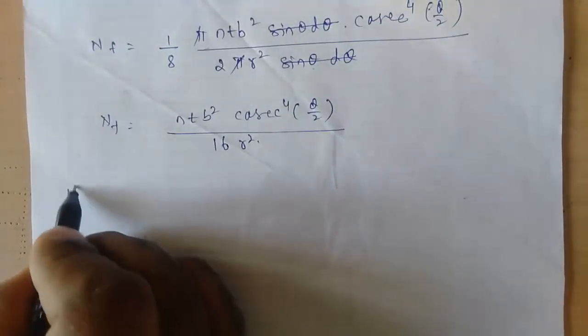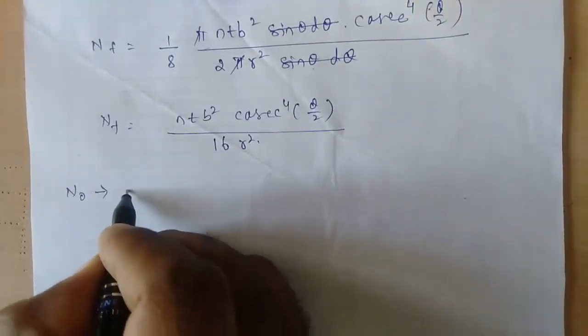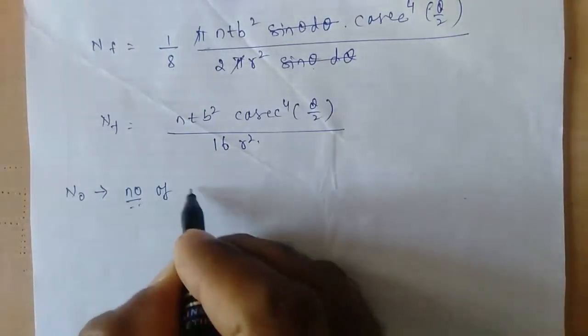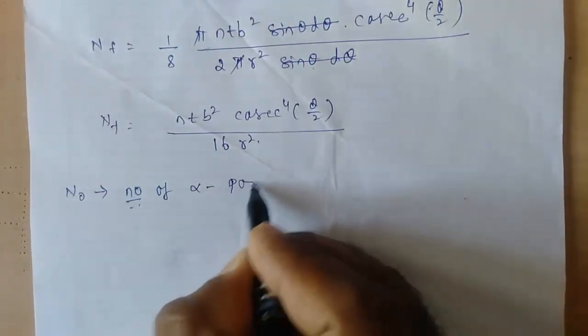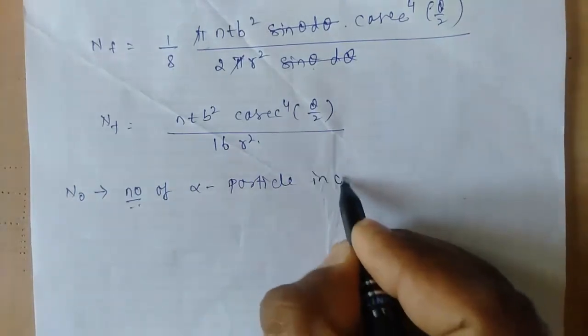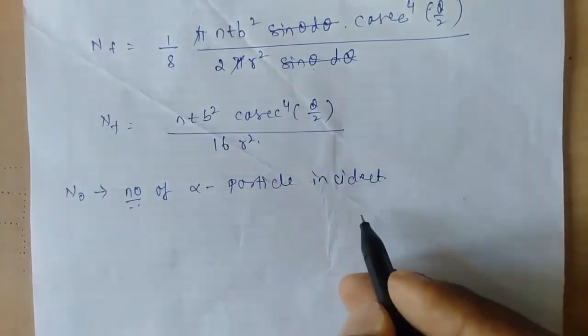So this is the value of nf. Now if I take n naught as the number of alpha particles incident, or you can take it as ni, no problem.